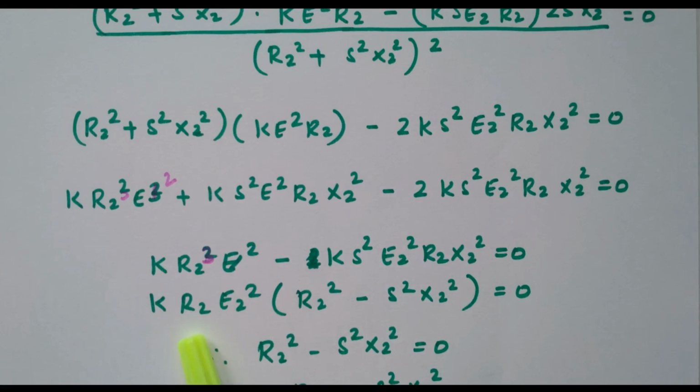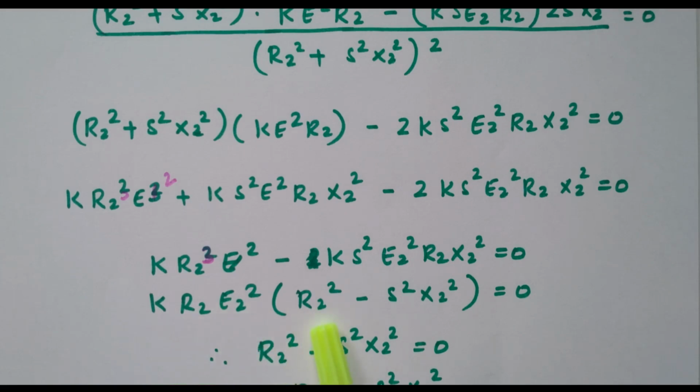Now we can take these terms commonly: k r2 e2 square, these values are available commonly. k is available here and here also, here r cube is available, here r2 is available, here e2 square is available, here also e2 square is available. So we will take k r2 e2 square outside.